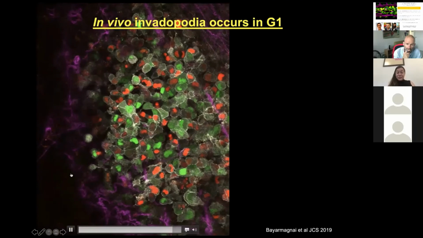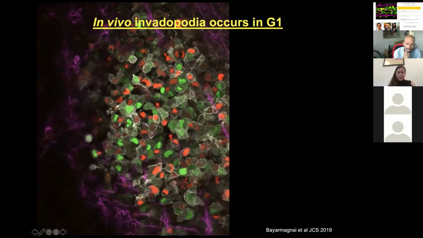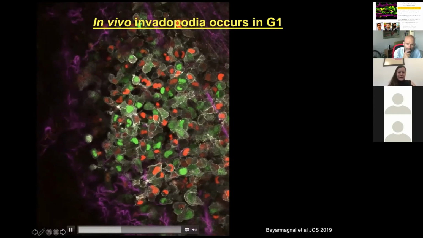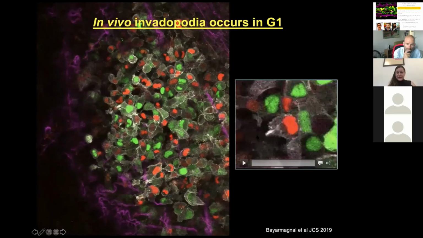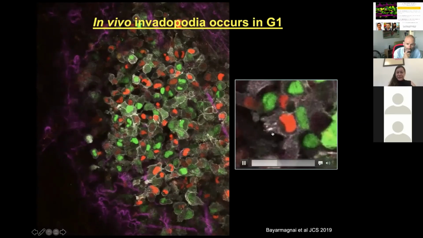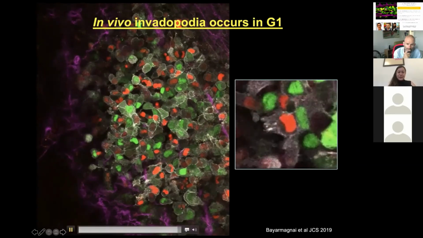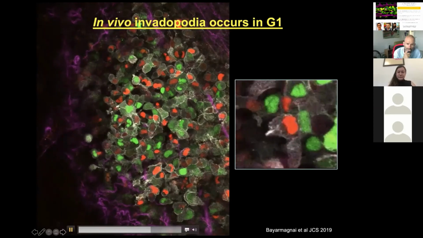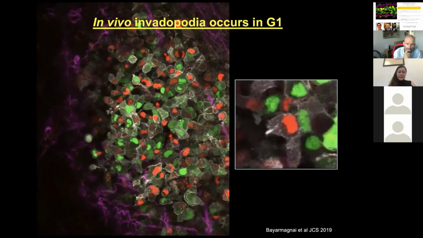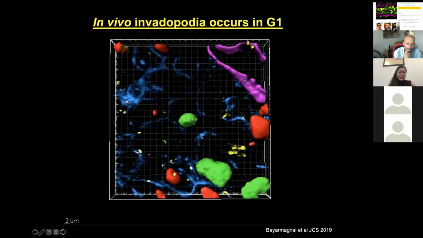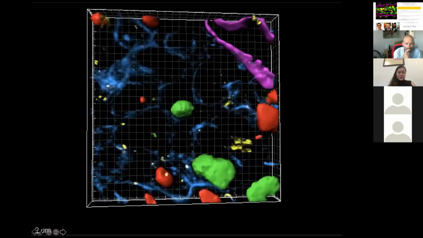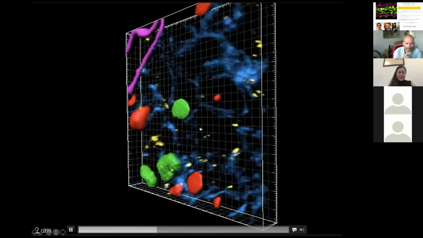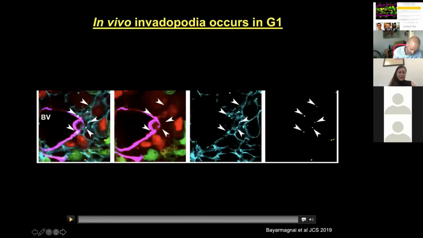The cell cycle distribution and invadopodia is something that we then pursued also in vivo. And we've shown that these enrichments of actin are always in the G1 cells. And here, this is the 3D reconstruction of the perivascular niche, and I'm going to tell you what the colors are here.